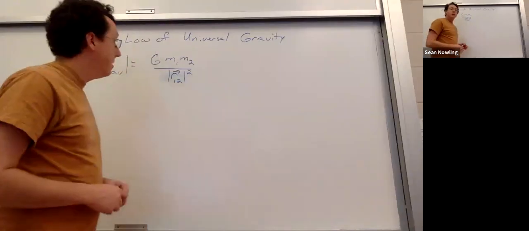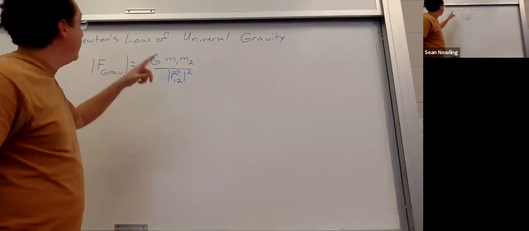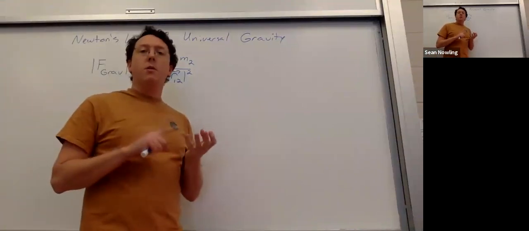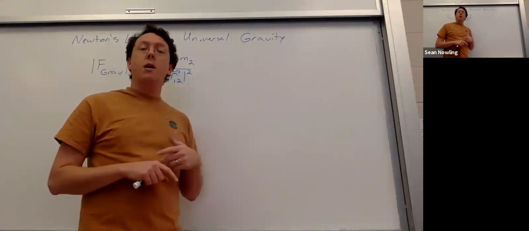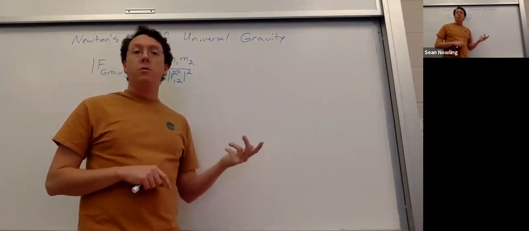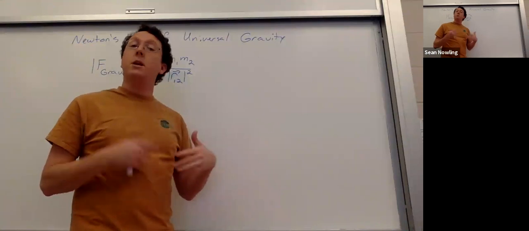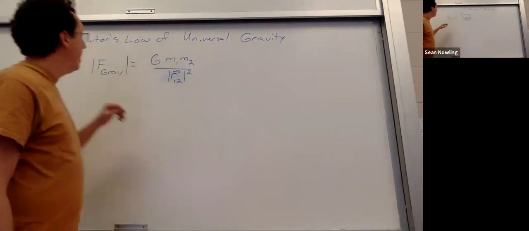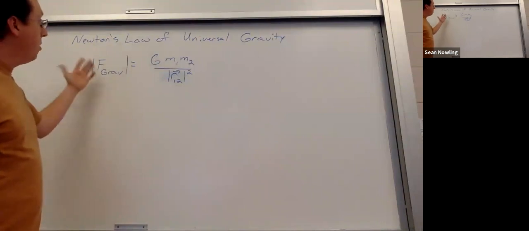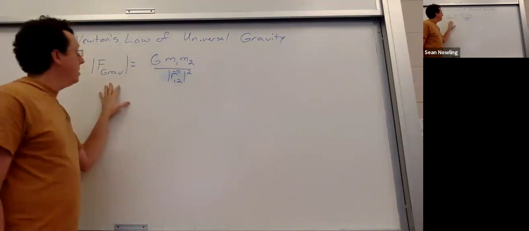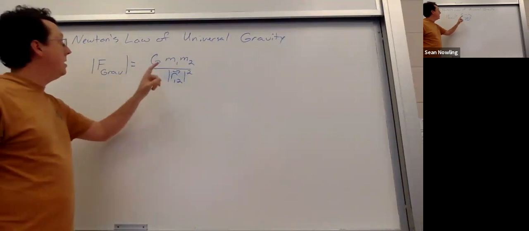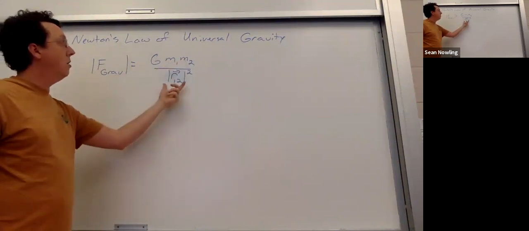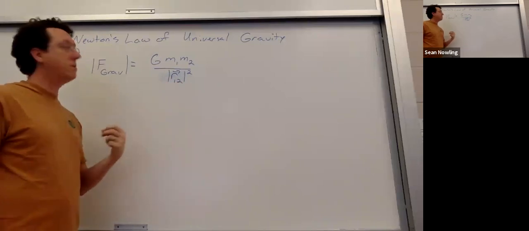Hi guys. So in the last video, we described Newton's law of universal gravitation, and we also described how you could understand where the gravitational constant 9.81 comes from. The form of Newton's law of universal gravitation is given by G, a constant, times m1 m2 over the distance between the centers of the two objects.